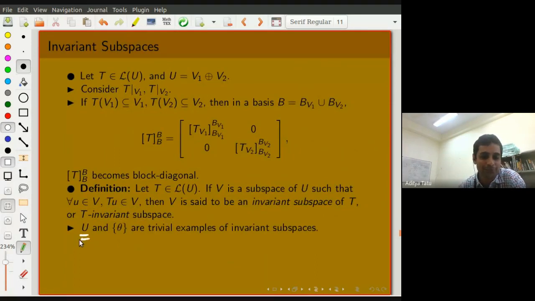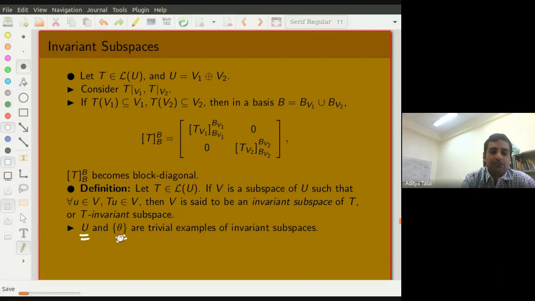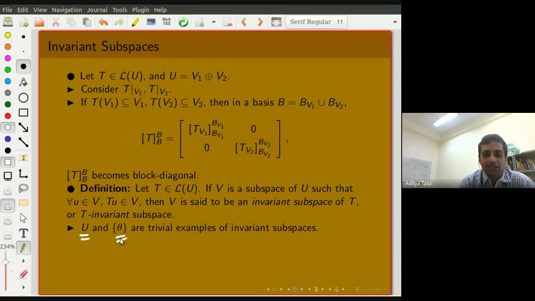Our vector space U, of course, is also T invariant. And similarly, the subspace which contains only the additive identity. These two are always going to be invariant subspaces, no matter what your linear operator is. So they don't give any block diagonal structure. That is why they are non-interesting examples, but they still satisfy the definition of invariant subspaces.